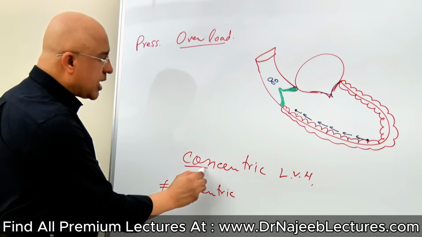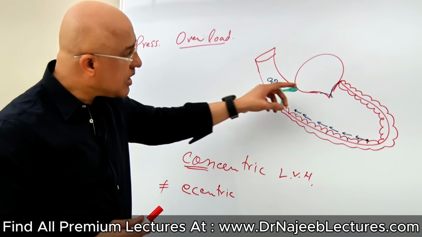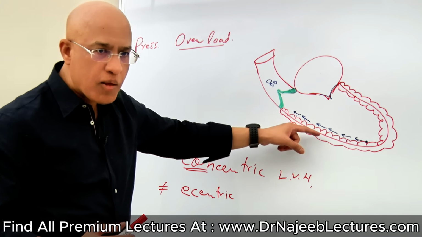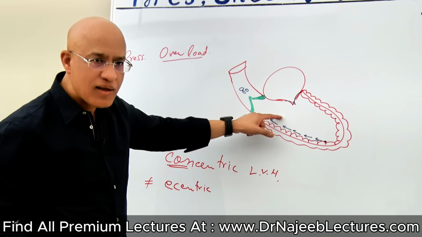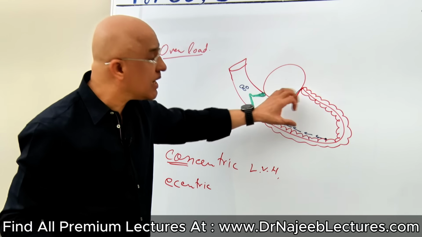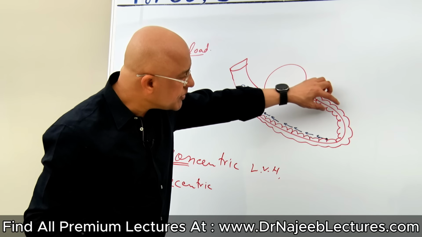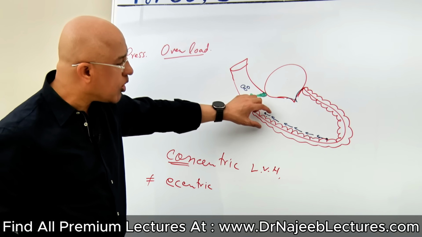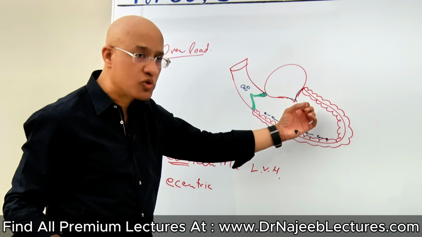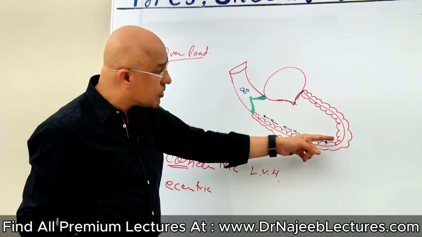Now, concentric hypertrophy is when there is pressure overload and the left ventricle keeps on hypertrophying but without any significant change in its lumen, without any significant dilation, right? And in this case, the left ventricular wall becomes thick. And when the left ventricular wall becomes thick and has to contract strongly, you can easily understand what will happen.